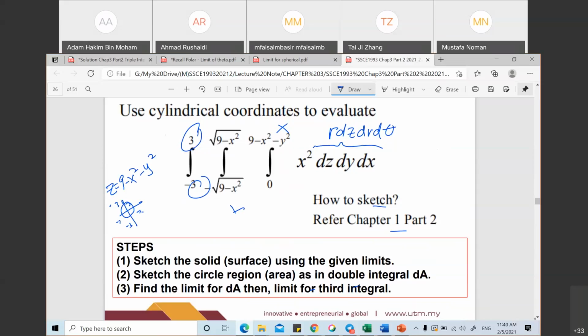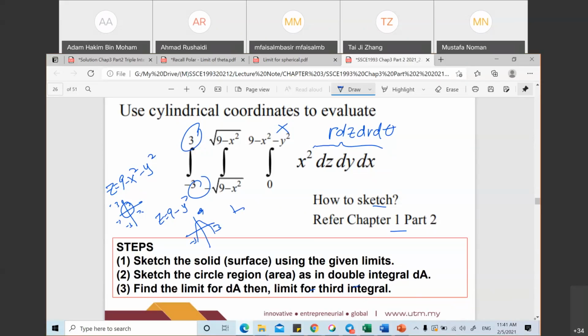If x is 0, this is 9 minus y squared, which is a parabola. When x is 0, you have 9 here, and y is 0. When z is 0, y is from negative 3 to 3.